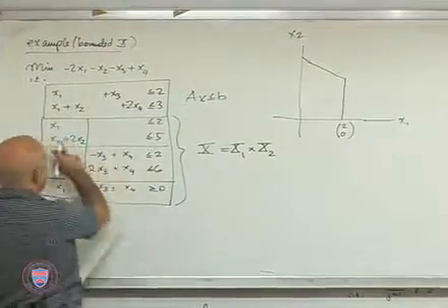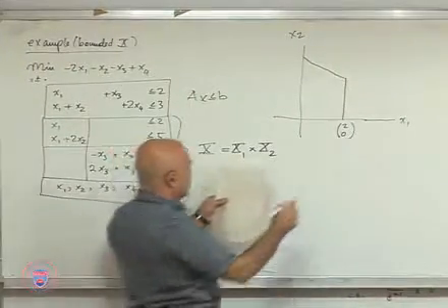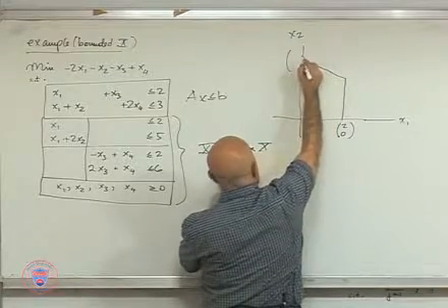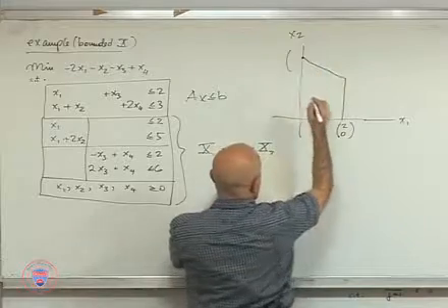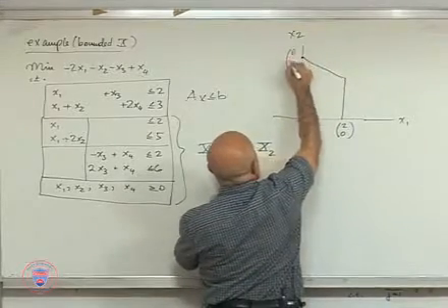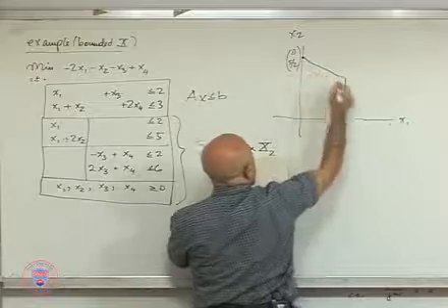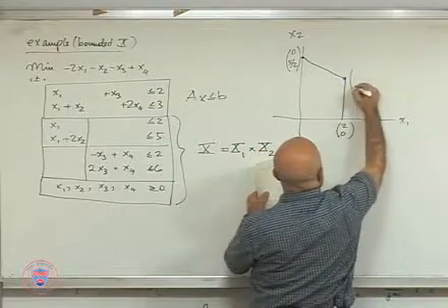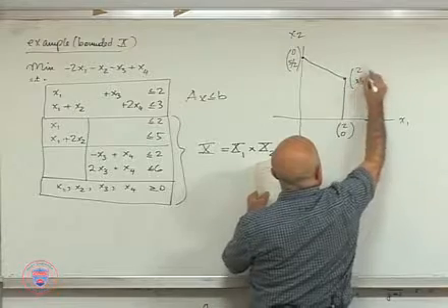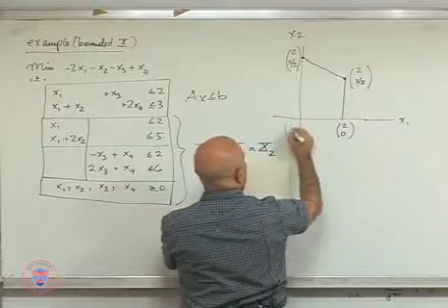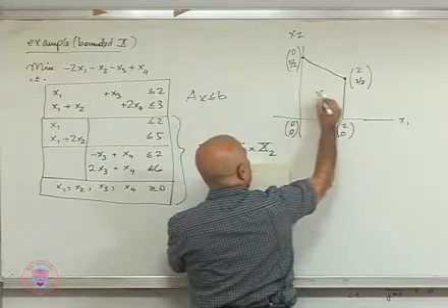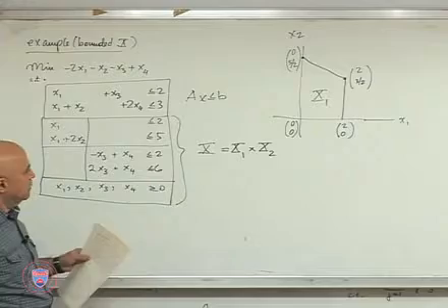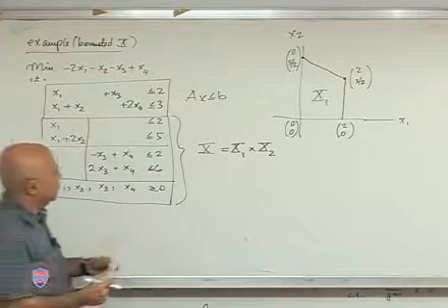The other one is the second constraint, and it goes like this with an extreme point here, which is 0, 5/2. And this point is 2 and 3/2. This is, of course, the origin, and that's your X1 set, feasible relative to the first two constraints.